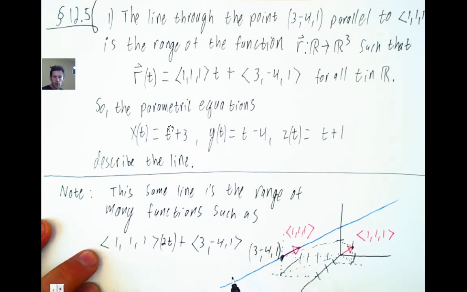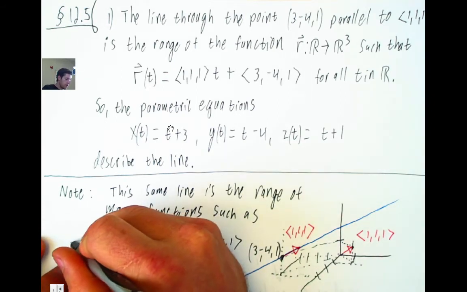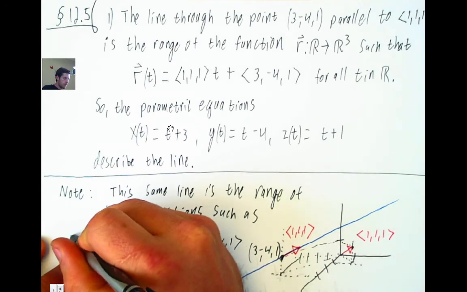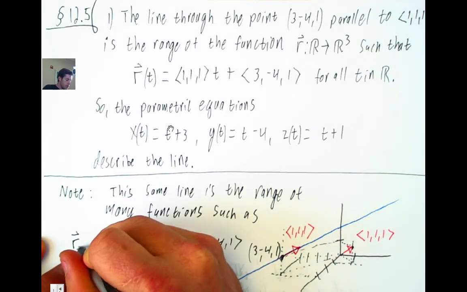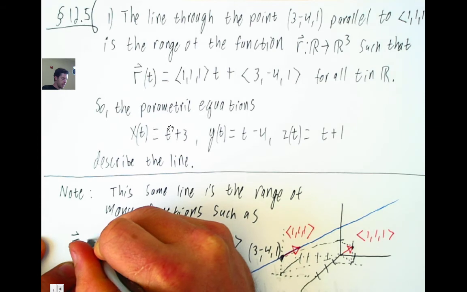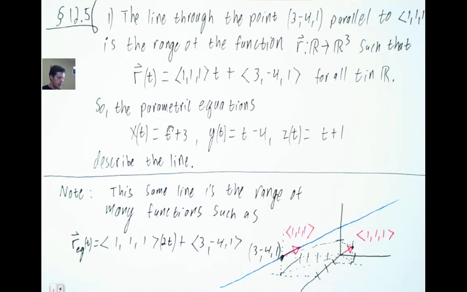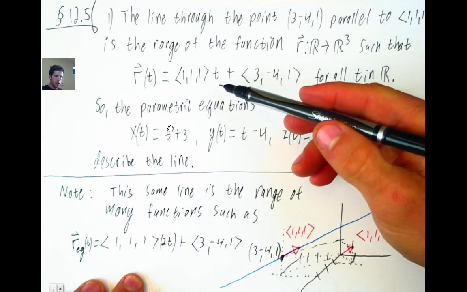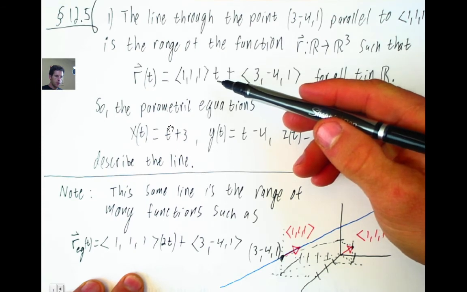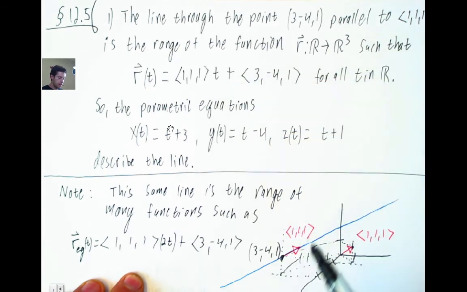I didn't call it r of t, but to give it a name, I'll call it r sub example of t. So this example r here is different. You notice that it is genuinely different than this r up here, the different function. Nevertheless, the range of the two things is the same.